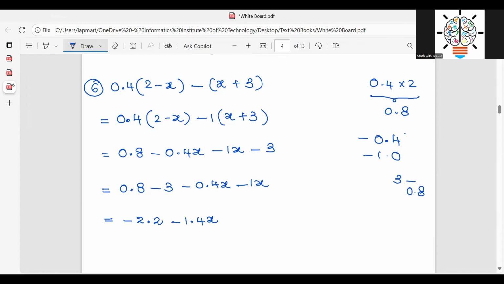And negative 0.4x and negative 1x you wrote closer because they are like terms. And 0.8 and negative 3 we want to subtract. We want to get the difference of these numbers as they do have different signs. And we use the sign of the higher digit. And the other one you have negative 0.4 and negative 1, that same sign, we can add them together. That gives me 1.4. So negative 1.4.